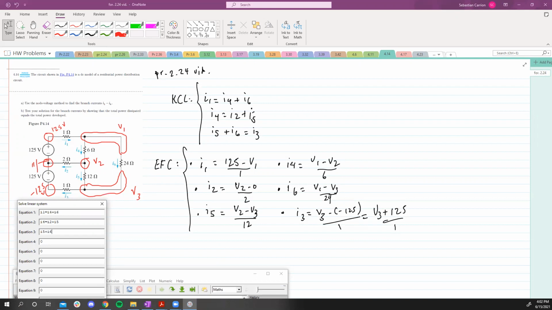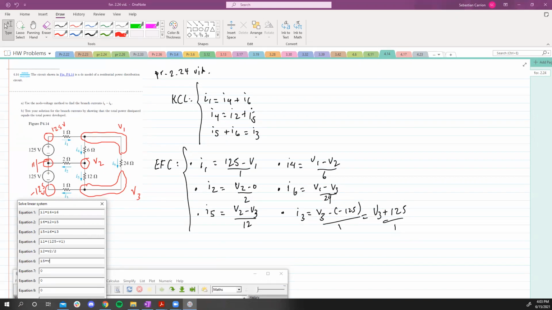I5 plus I6 equals I3. I1 equals 125 minus V1 over 1. It's not even necessary. I2 equals V2 over 2.